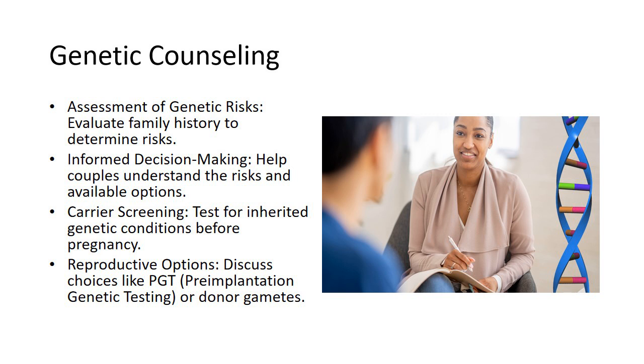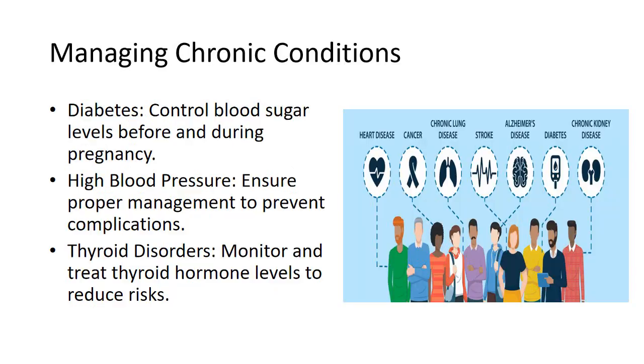Vaccinations: women should ensure they are vaccinated against infections such as rubella, which can cause severe birth defects if contracted during pregnancy. Vaccination before conception helps protect both the mother and the baby.